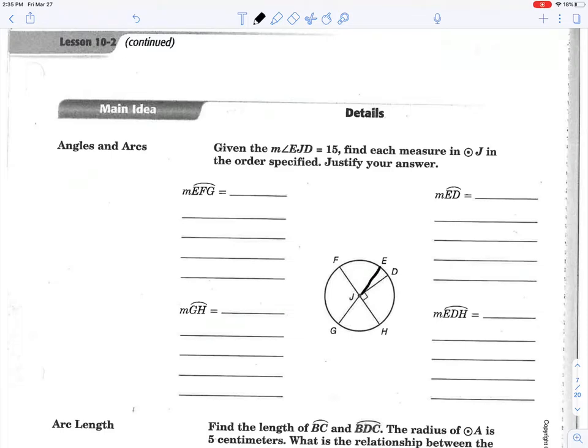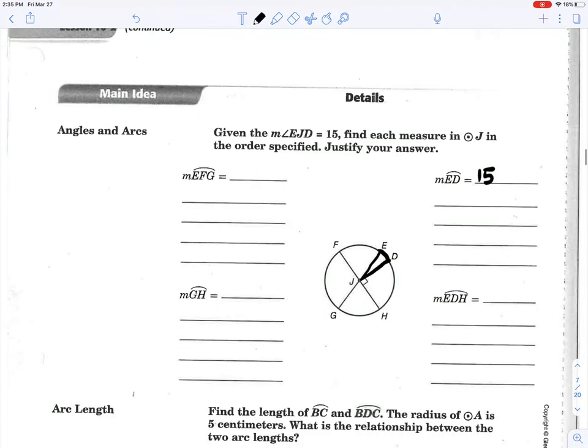If EJD is 15 degrees, that's this angle right here, that means arc ED is also 15. This is because the measure of a minor arc is equal to the measure of the central angle.